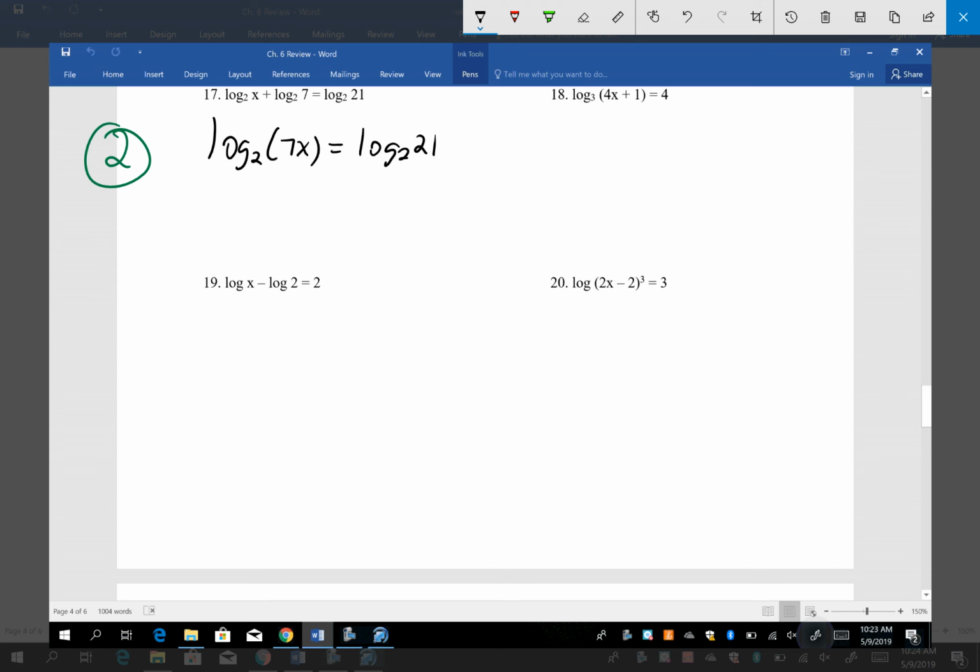That's fine. We're not done, but kind of like before with the exponential equations, once I have the same log with the same base on each side, all I care about are the arguments. So 7x and 21 to be the same. So what makes that true? X equals 3. Cool.